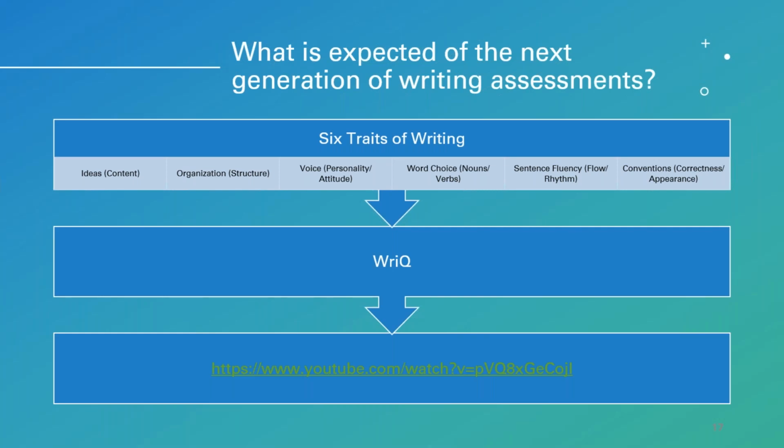WriQ provides meaningful feedback for every student, gives clear visibility of student progress over time, and also gives you comparative data that you may not ordinarily have. So that will also be on your PowerPoint.